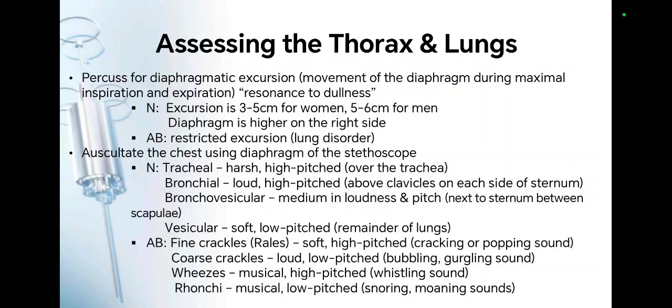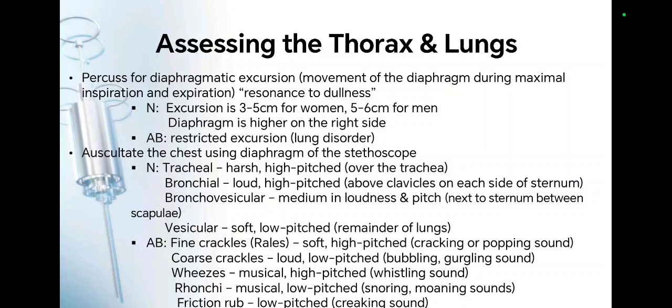Then we have coarse crackles, a loud, low-pitched, bubbling or gurgling sound. We have wheezes, a musical, high-pitched or whistling sound. If there are wheezes, then it may tell you that there is a narrowing of the airway. And then we also have rhonchi, a low-pitched, musical sound such as snoring or moaning.